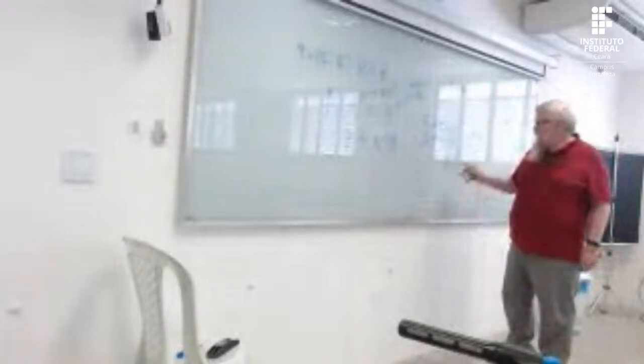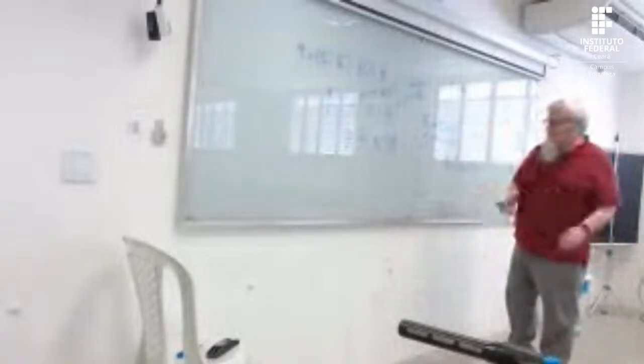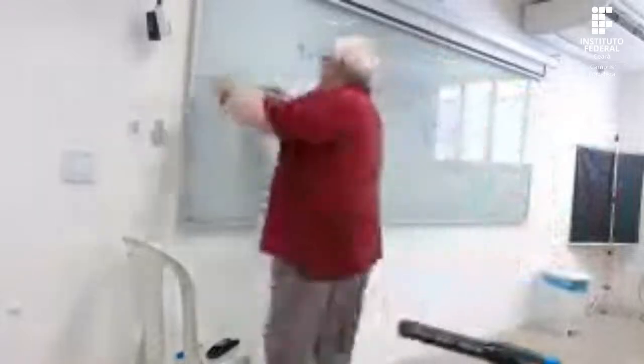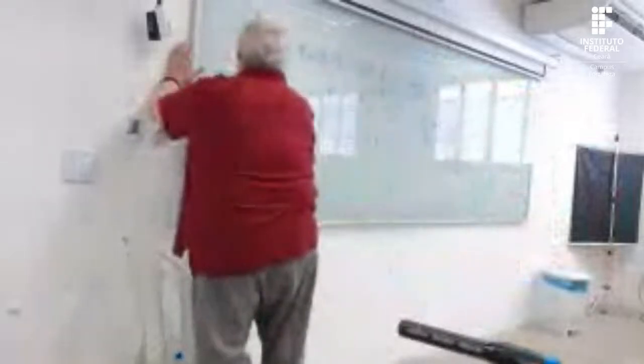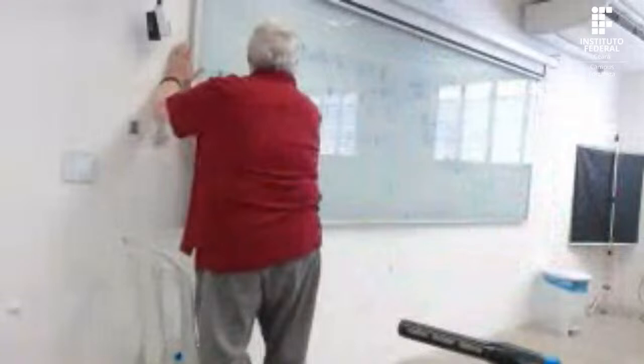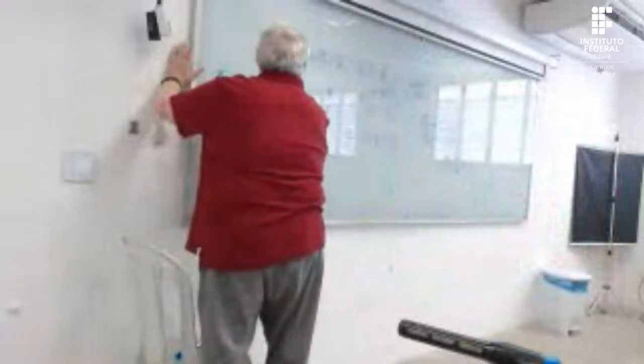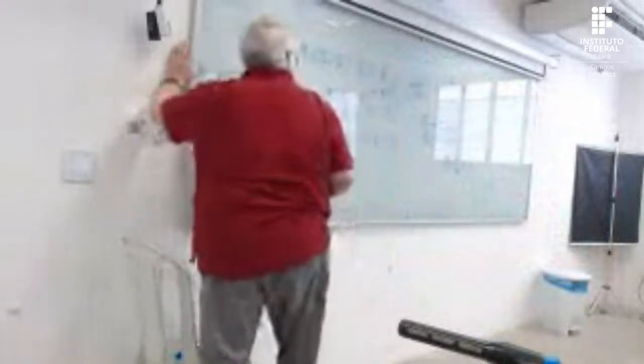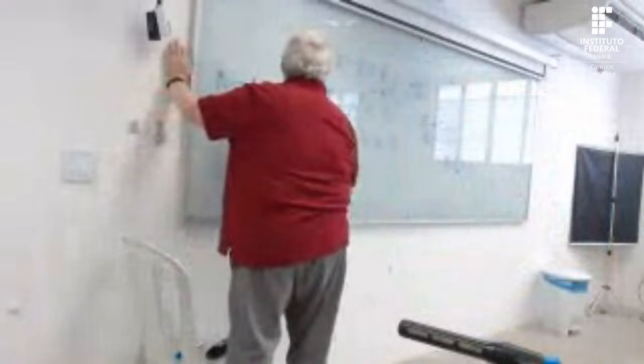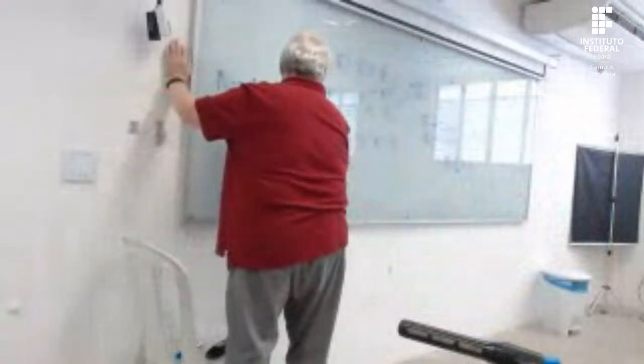So there's a trick, and the trick is that I modify N to go to N plus the sum of v v transpose over some sigma squared.